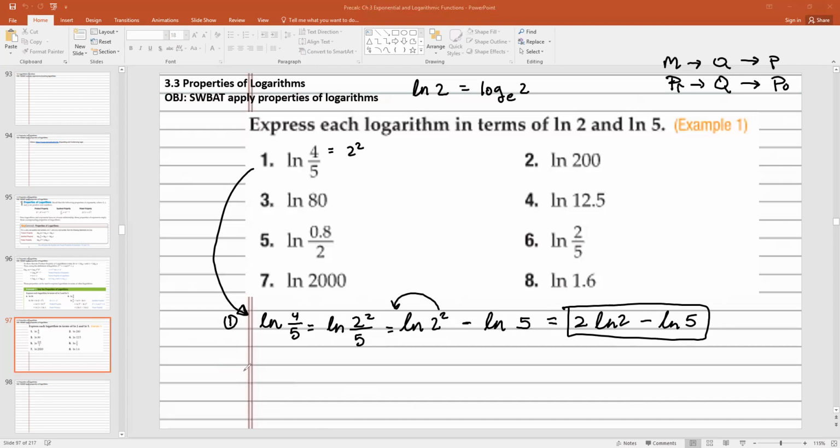So over here, let's do 2. So natural log of 200.